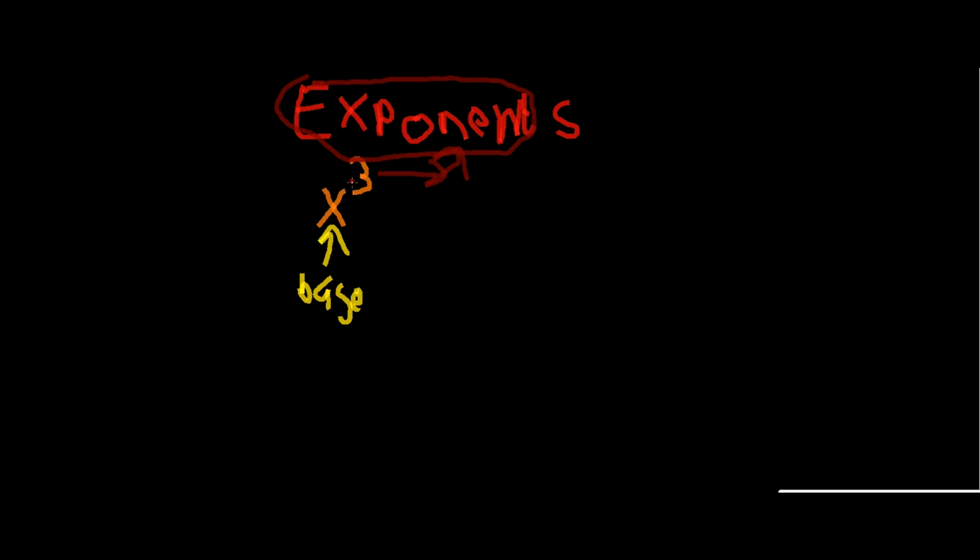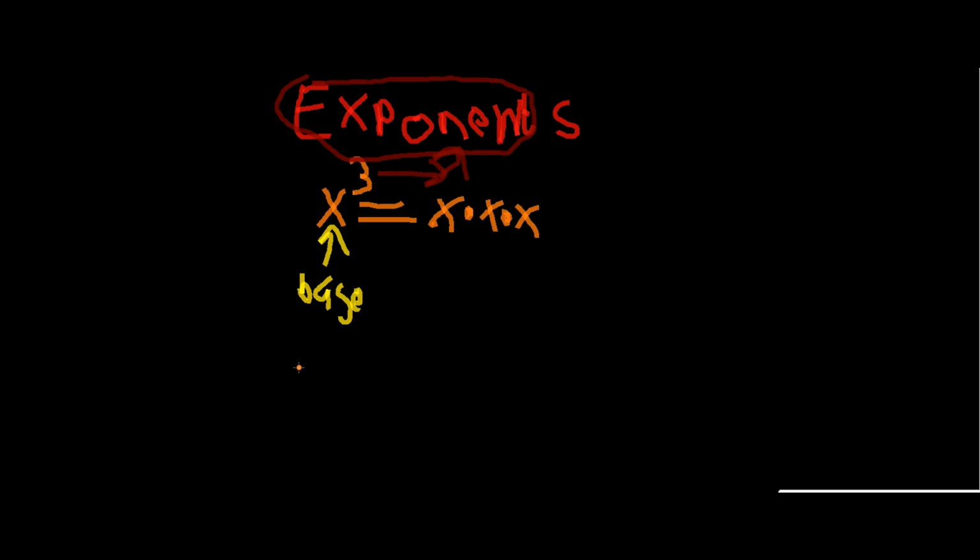What this exponent tells you to do is take the base and multiply that many times. So if we have x to the third power, this exponent of 3 tells you to multiply this x 3 times. So x times x times x.